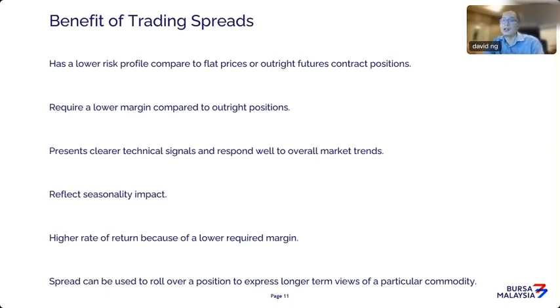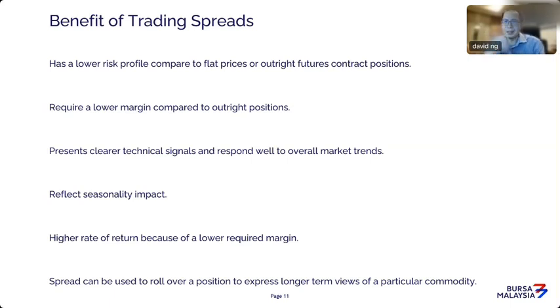Now, if you establish a spread position, that means you could be buying July and selling August. Your buying position will be losing money, but your short position is giving you a bit of profit, and eventually this position could be netted off, and in a sense your risk exposure is much less.